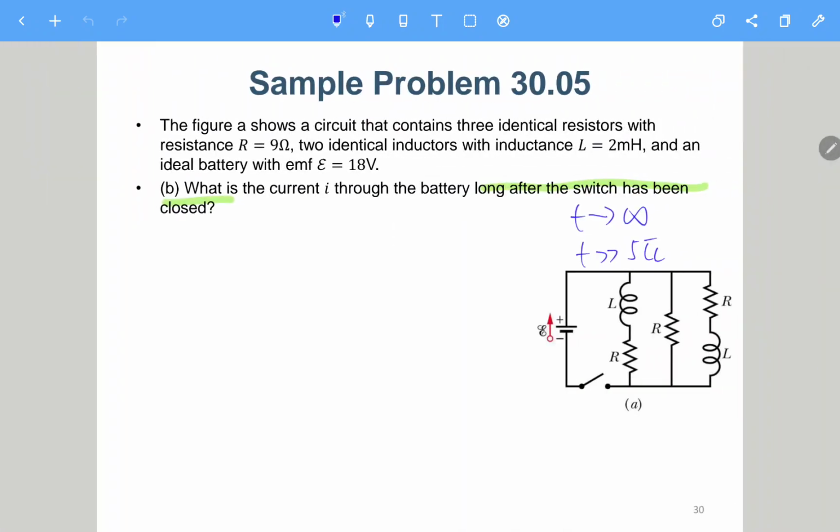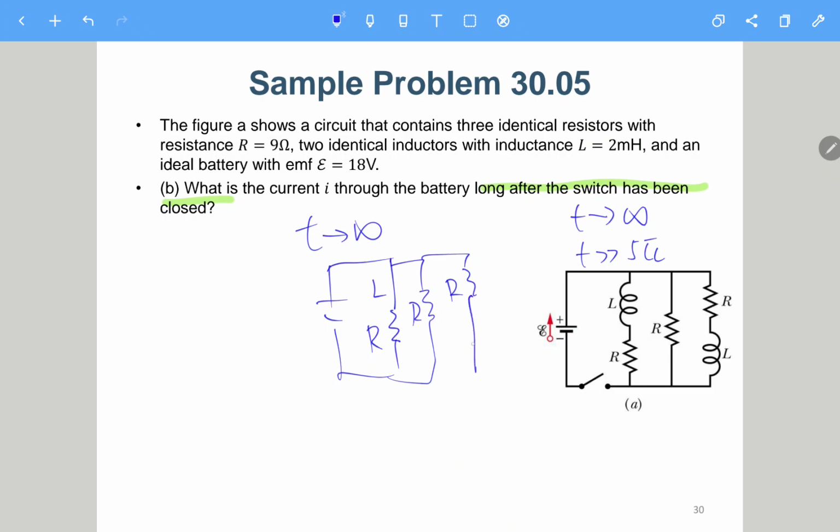So when t tends to infinity, the circuit will feel like this L becomes a wire, and then R, and then here R, and this is also R. There is no voltage drop across the inductor when t is very large.